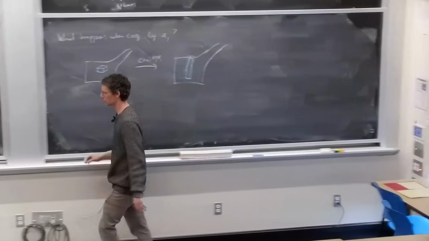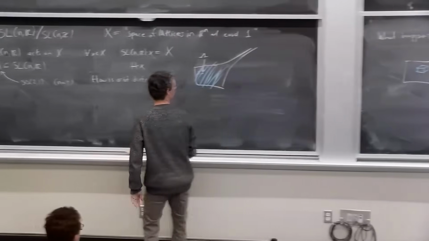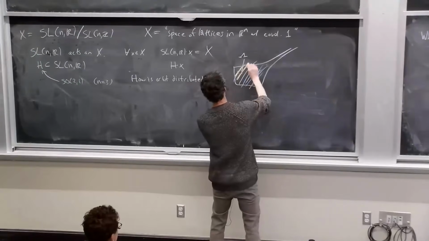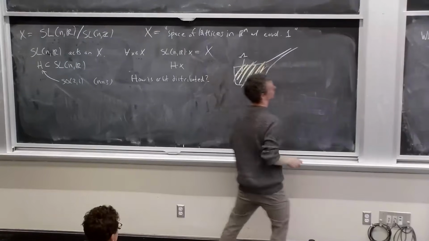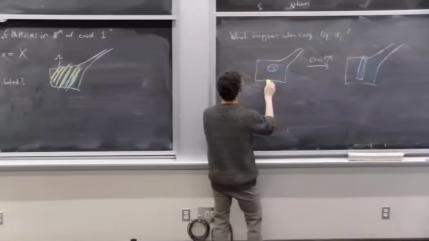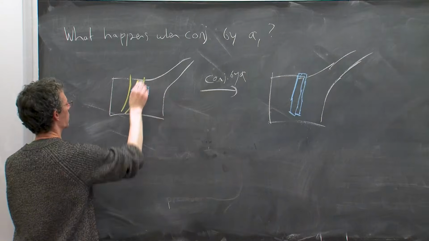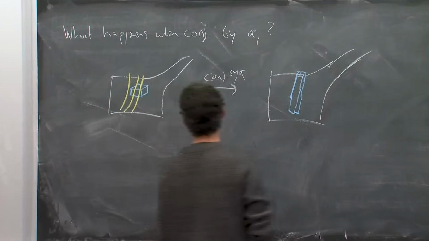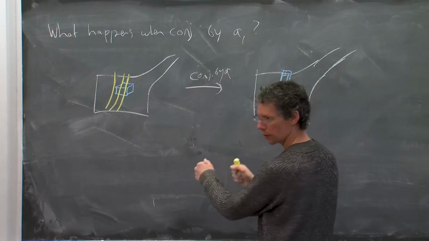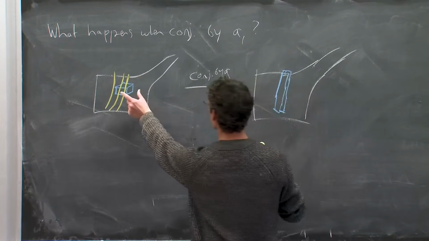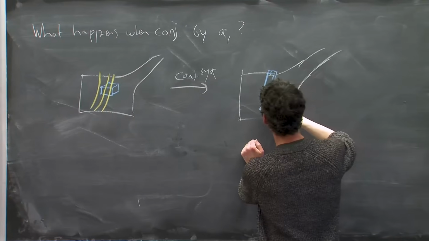And now, let's say our orbit is yellow. So we've done this a few times, so we have some piece of orbit. And now we want to see what's going to happen to the orbit. Well, some piece of it got squashed.